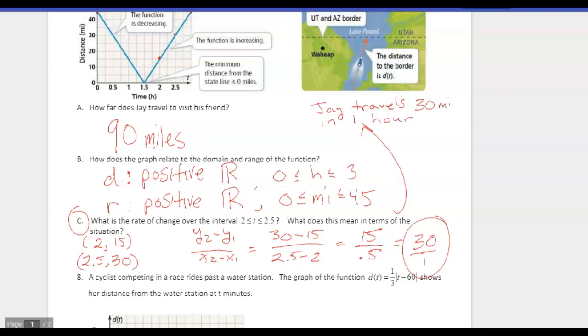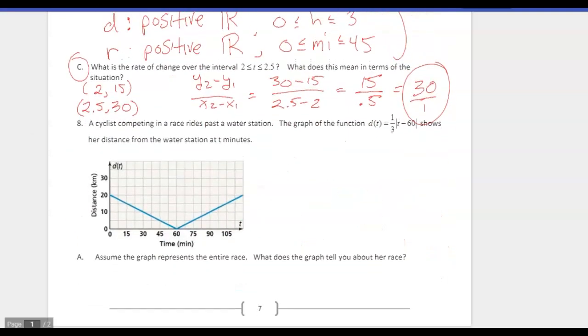And notice how I changed that to 30 over 1. You could have said 15 over 0.5, but that just isn't something we're as familiar with. If you told someone, well, I go 15 miles in a half hour, we always do things in per hour intervals. So 30 over 1 makes the most sense. You're doing the exact same thing here.